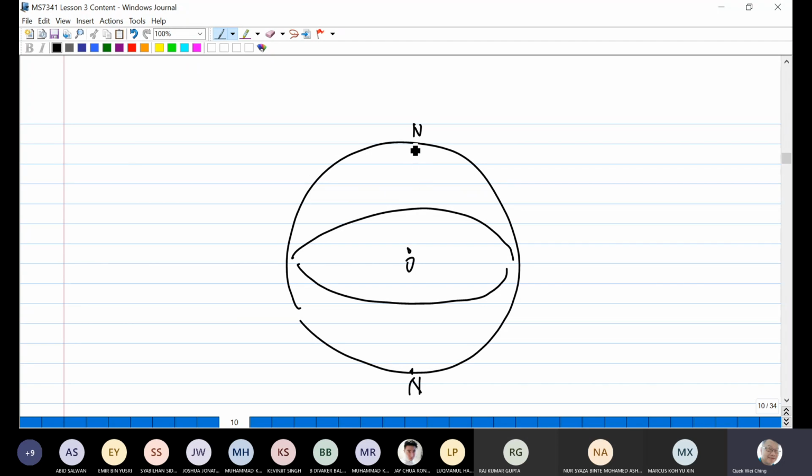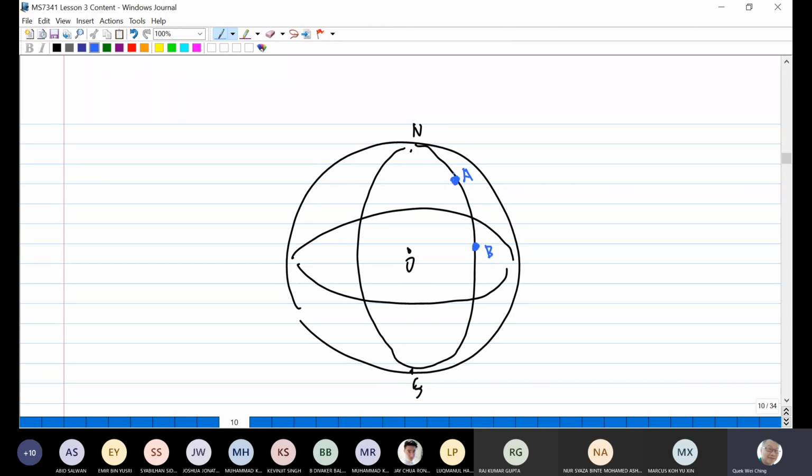You draw a big circle, let's say from here, and you travel along the big circle, say from this point to this point. Okay, this is A, this is B.